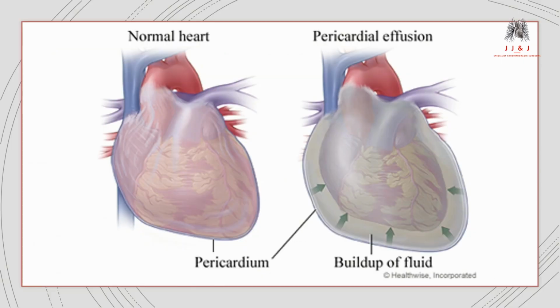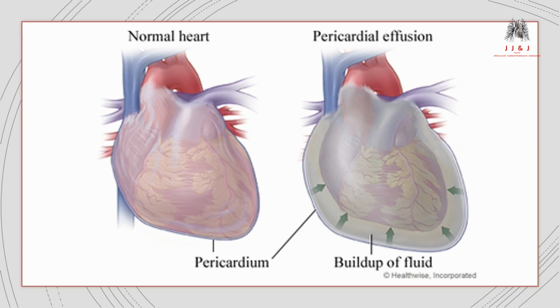So, what is a cardiac tamponade? Some patients with a large pericardial effusion have been relatively well. Cardiac tamponade is the acute accumulation of pericardial fluid, and this buildup of fluid can take various forms.